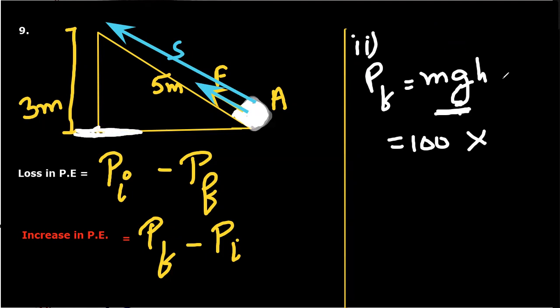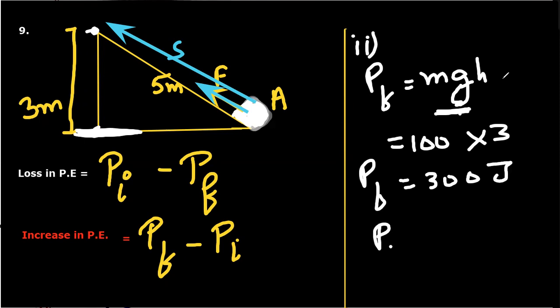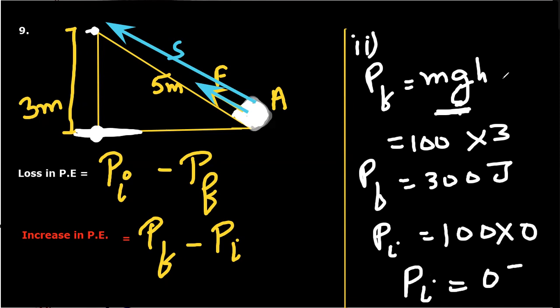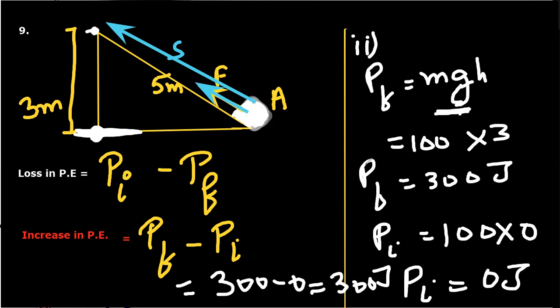So if this is the ground, this is the place where you are reaching. So it will be 3. So final potential energy is 300 joules. While initially you started from the ground, so height will be 0 from the ground. So initial potential energy is 0 joules. Substitute the value, you will get the answer as 300 minus 0, that is 300 joules. Fine? Do this question.